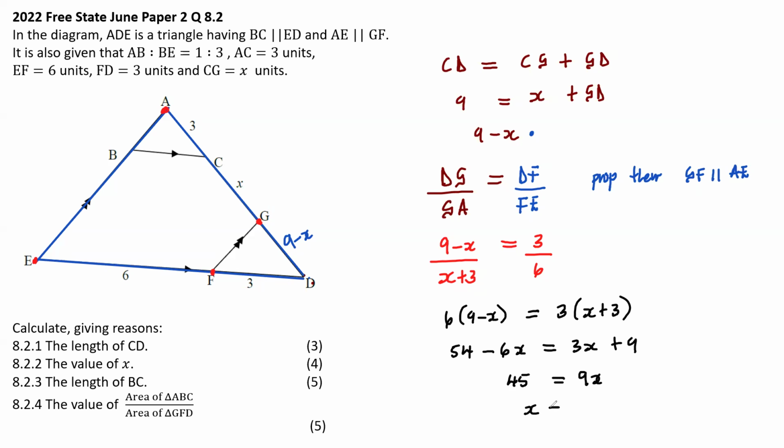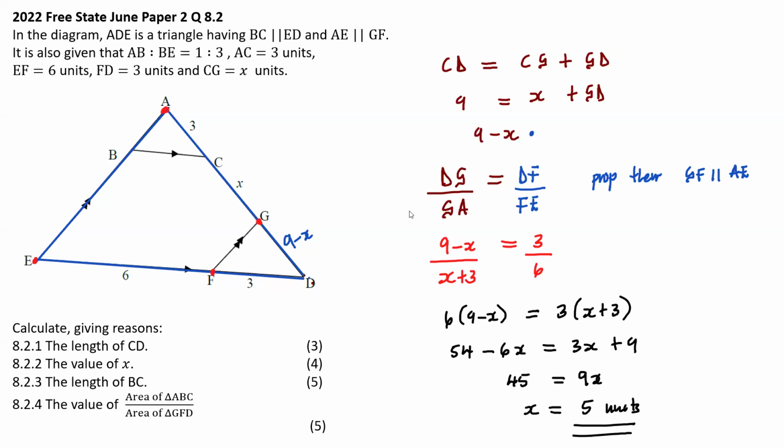I divide both sides by 9. Voila, the value of X is 5 units. You pick the appropriate one in the context of the question for what it is. So it really does help if you are able to do that.